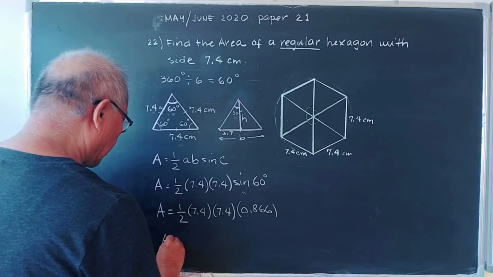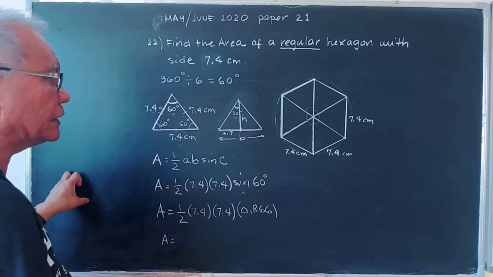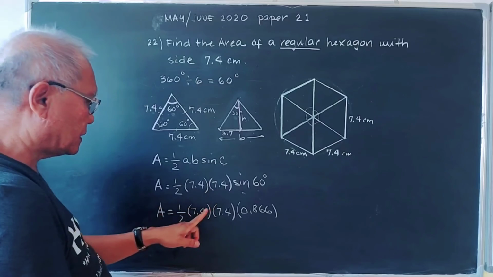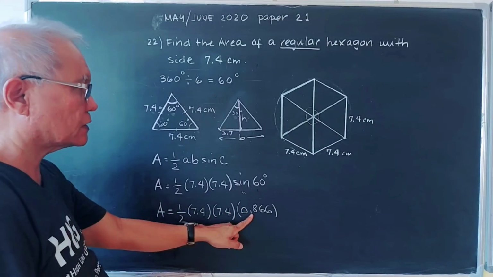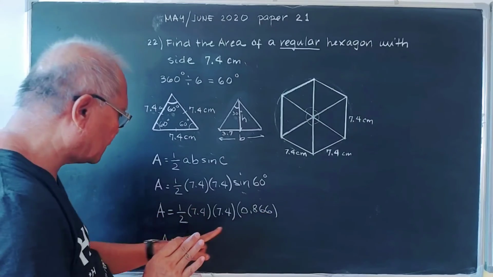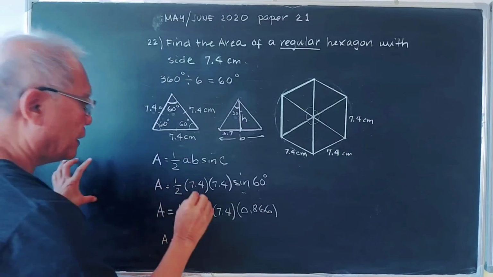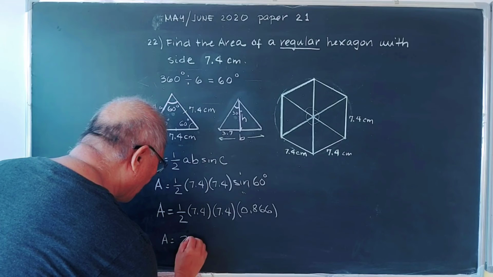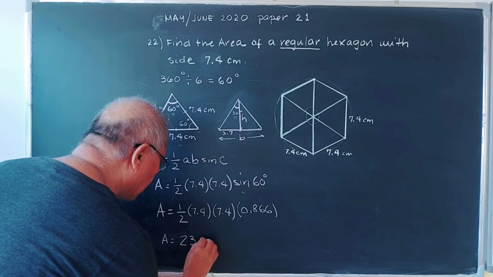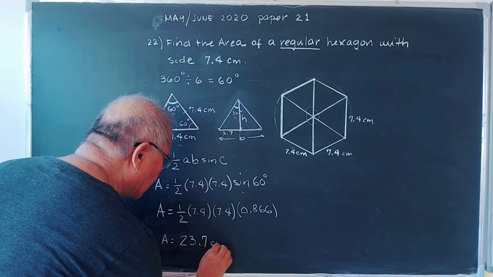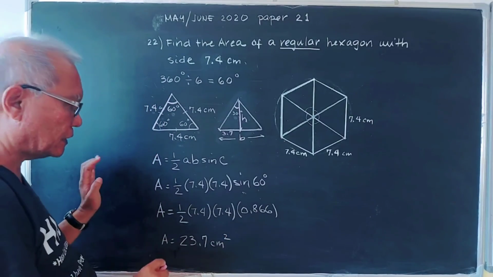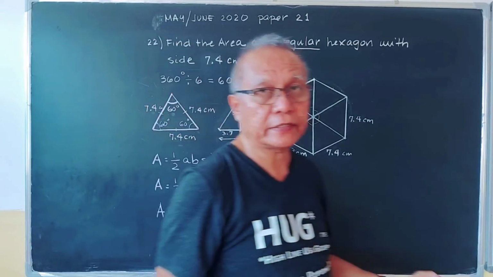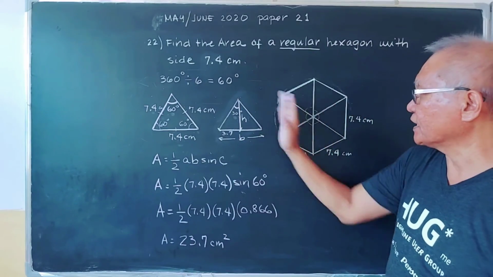And our area here for one triangle only, multiply 7.4 times 7.4 times 0.866 divided by 2, and we have area of one triangle is 23.7 centimeters squared.